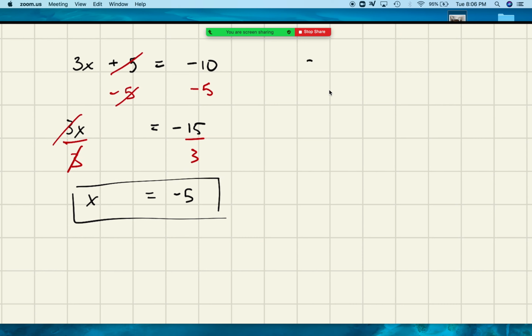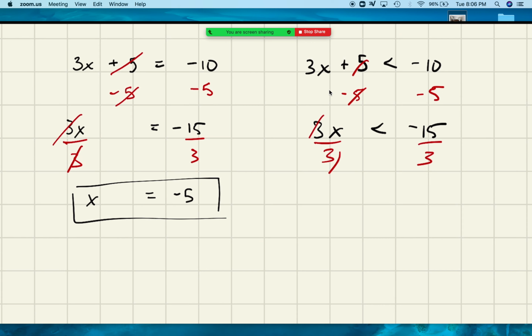Same exact steps if you have an inequality, let's say 3x plus 5 less than negative 10. I would do the exact same stuff, so I'm going to do it really quick. So that would be 3x less than negative 15, divided by 3, divided by 3. Nothing is different in this example.